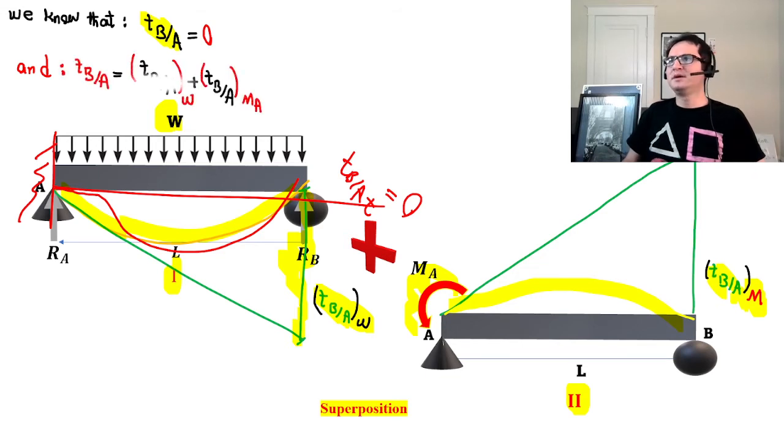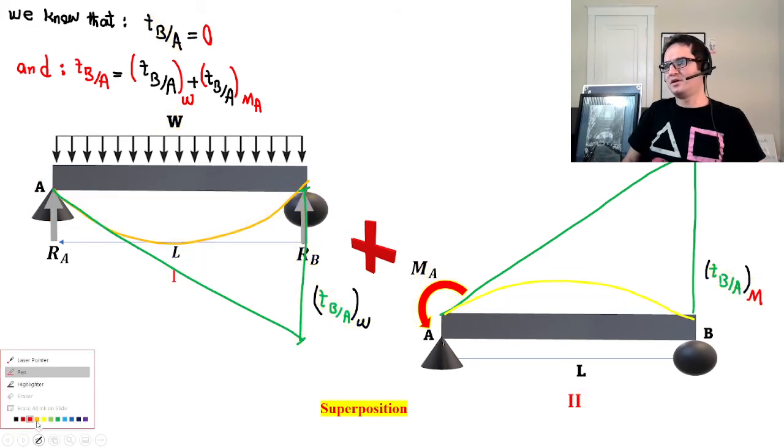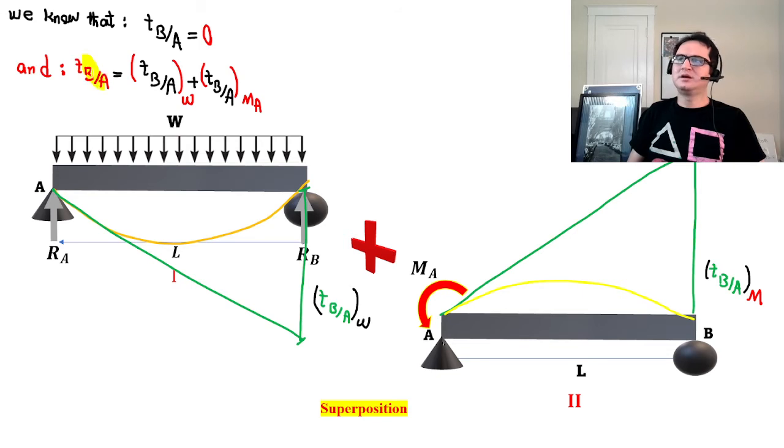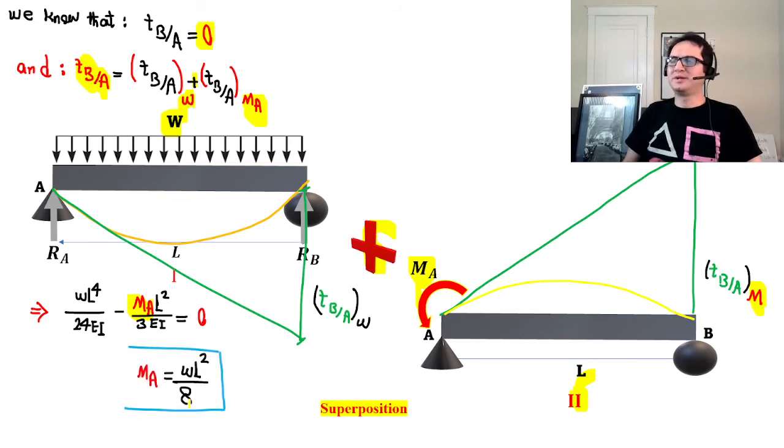And at the same time, from the superposition in the figure here, we already know t_B/A goes to two components: the first one is the effect of W, and the second one is the effect of a concentrated moment at A. If you do the math, both of them should go to 0 because there is no change in tangential deviation from A to B or B to A. So that gives us MA is WL squared over 8.